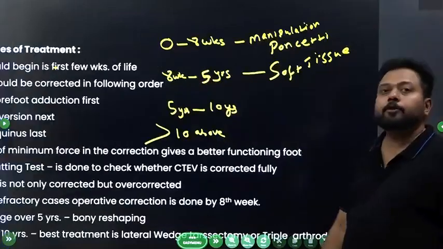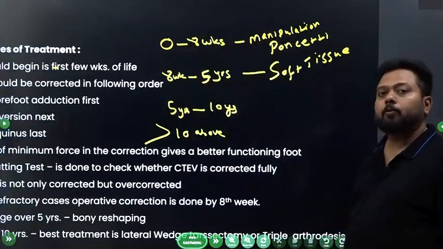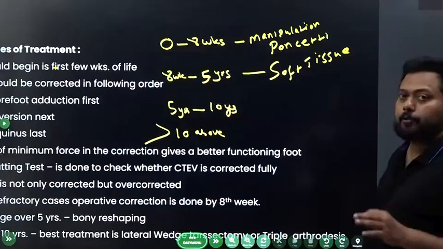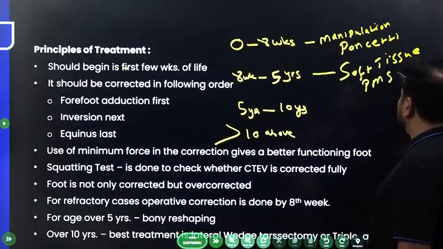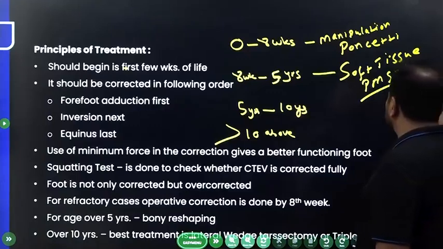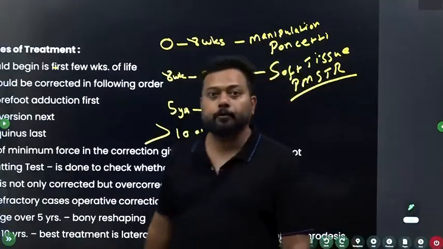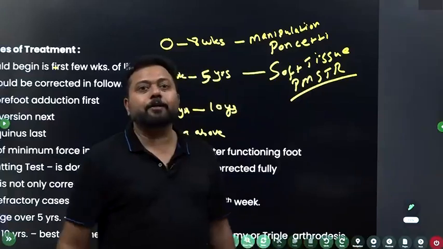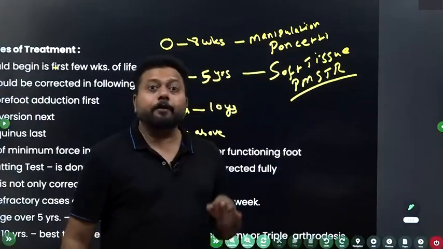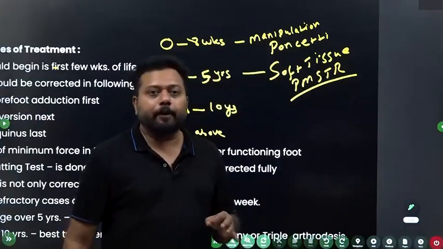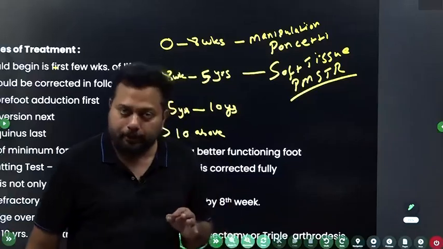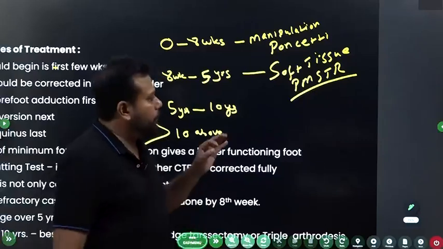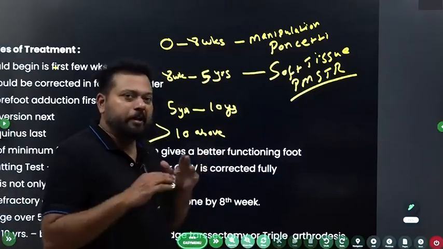The best soft tissue release is posteromedial soft tissue release, PMSTR. Posteromedial structures are released. There are 13 structures. No need to remember everything. Don't forget tendoachilles. Don't forget tibialis posterior.